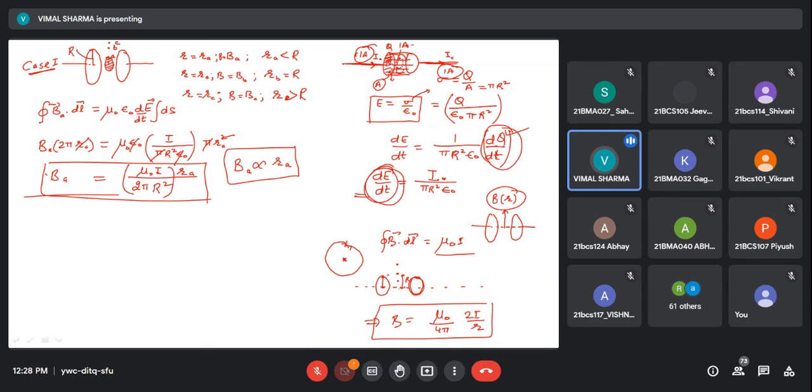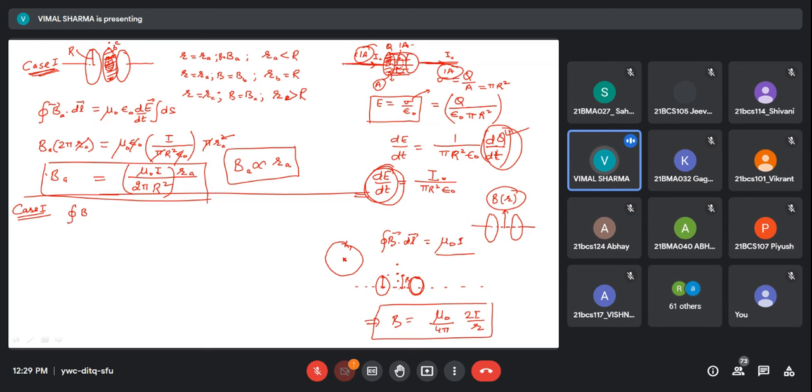Then in the same way we can discuss case 2, where I said that the point is at this place, point B. And then I can again apply Ampere's law. I draw the Ampere's loop now. This is my Ampere's loop, and the radius of the Ampere's loop is exactly equal to the radius of the capacitor plates.